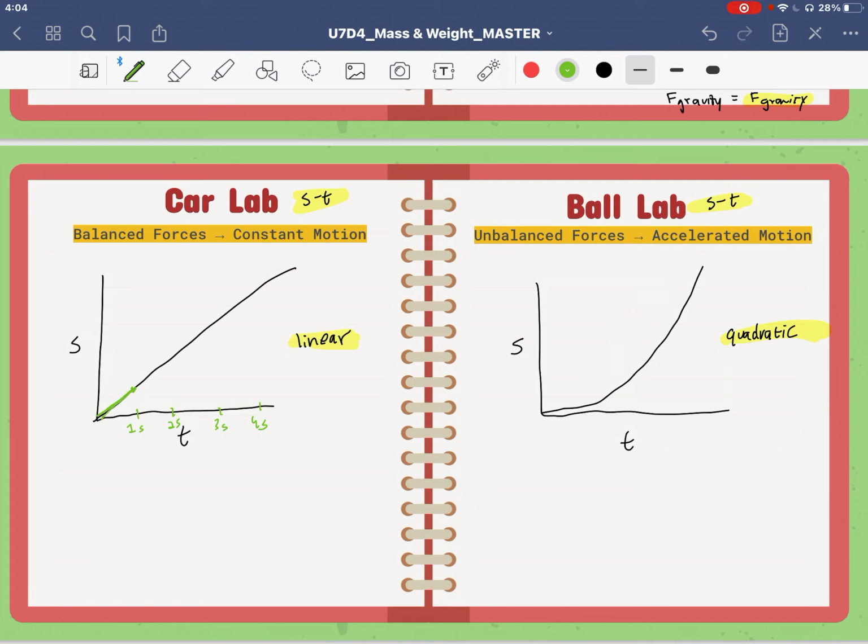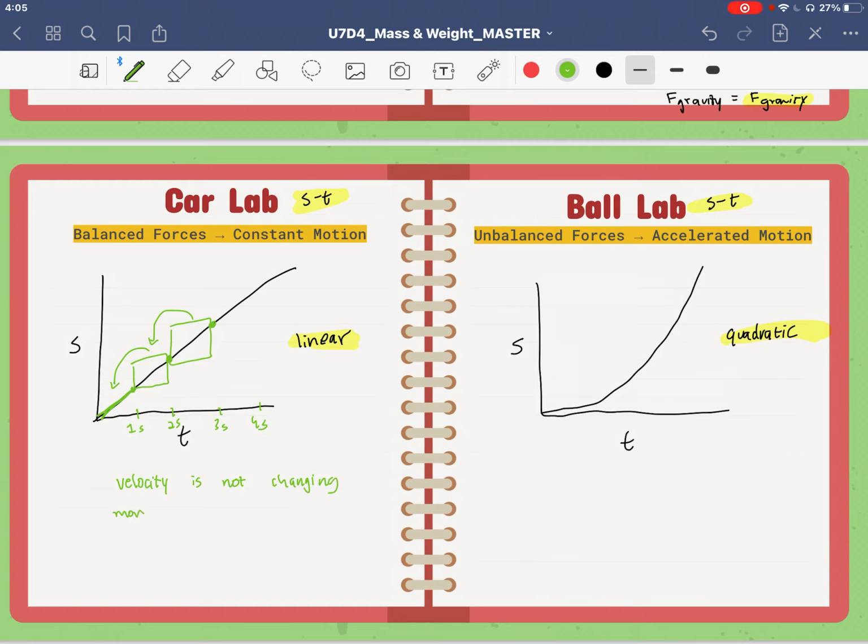So at s equals 1, the car had gone this distance. At s equals 2, the car moved exactly the same amount as it did in the first second. At s equals 3, the car moves again exactly the same amount of distance as it did in the second second. That means the velocity is not changing.